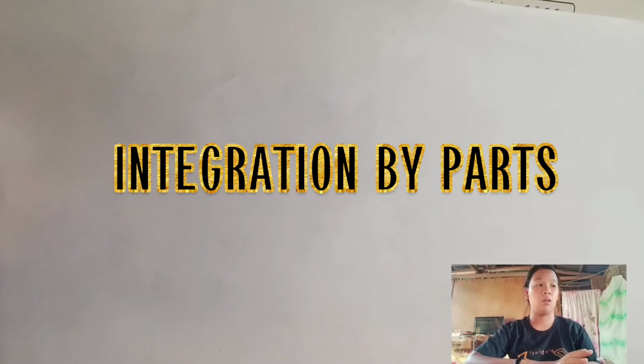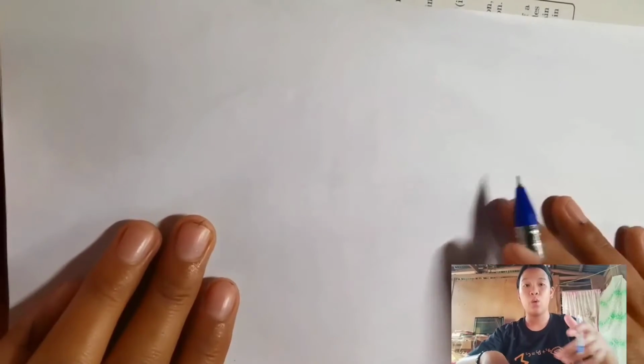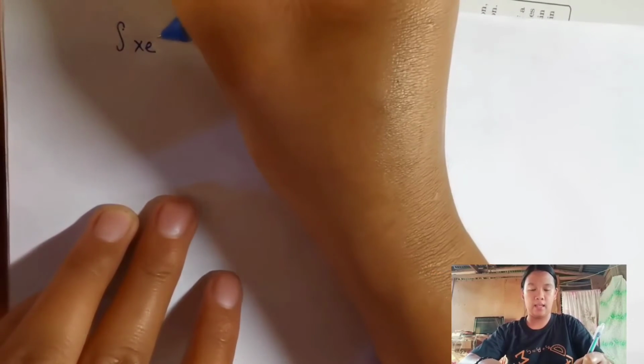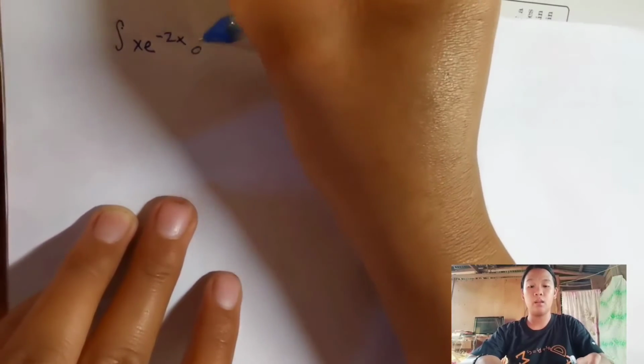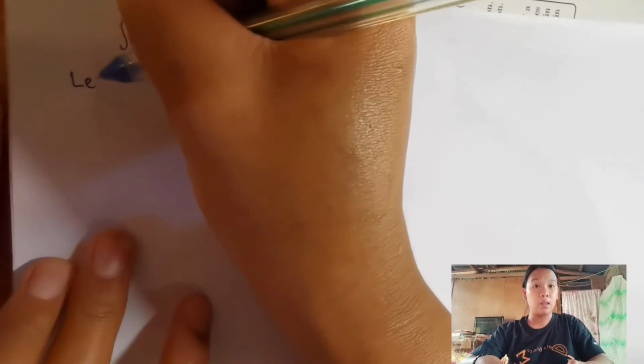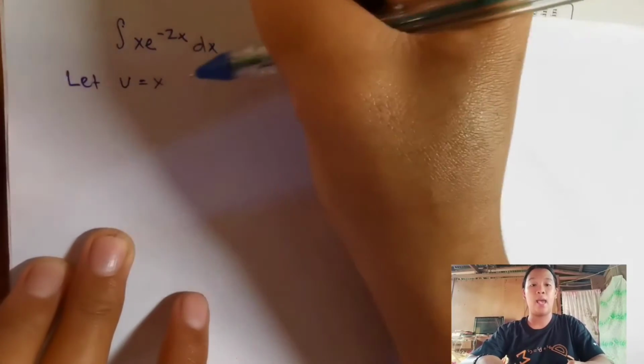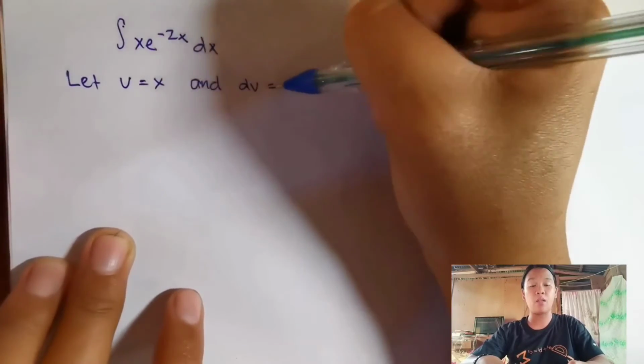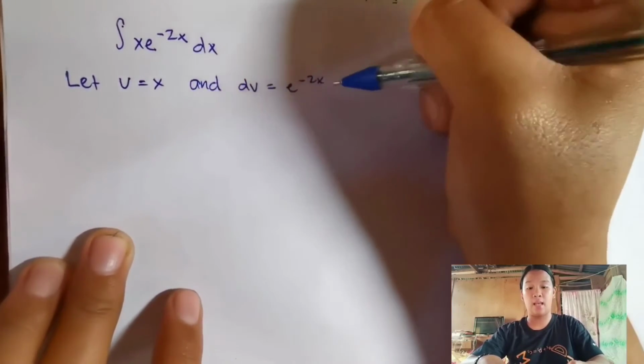So let's proceed with our second example, which is integration by parts. We evaluate the integral of x e raised to the power of negative 2x dx. Let u equal x and dv equal e raised to the power of negative 2x dx.